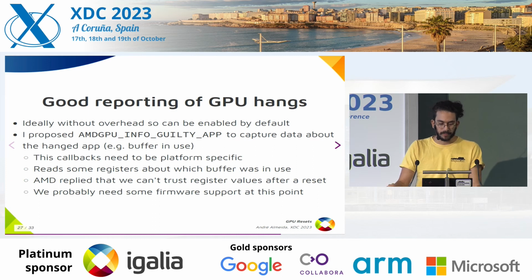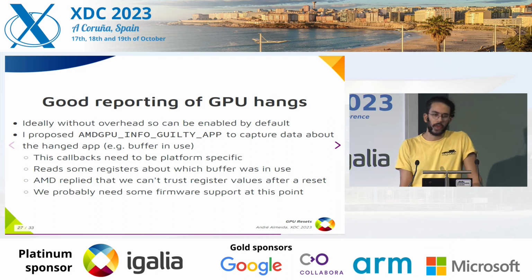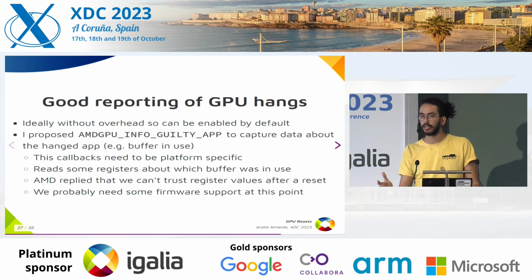So I proposed the AMDGPU info guilty app to capture data about that. So you would ask the kernel after a reset what happened, and the kernel will show you some register values, so you would be able to track which buffer was running when things crashed, or which instruction was the one running at the moment that it hung.